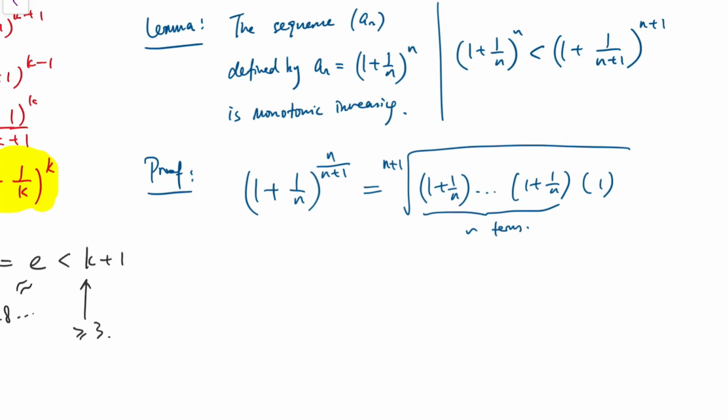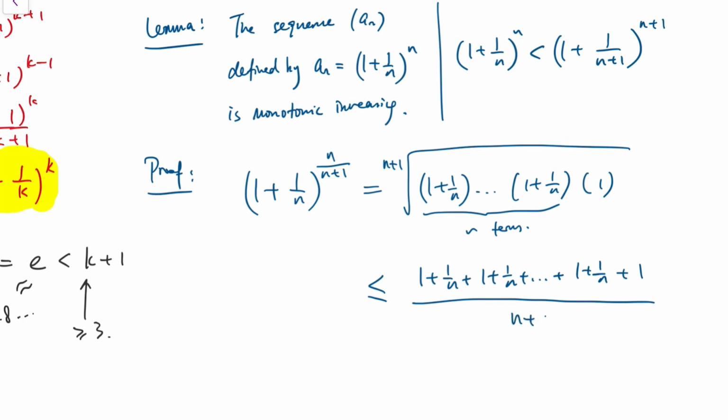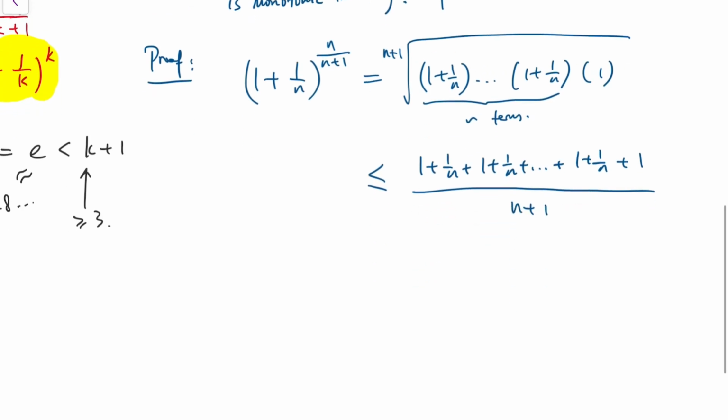Then, by the AM-GM inequality, this is less than or equal to the sum, all divided by n plus 1.